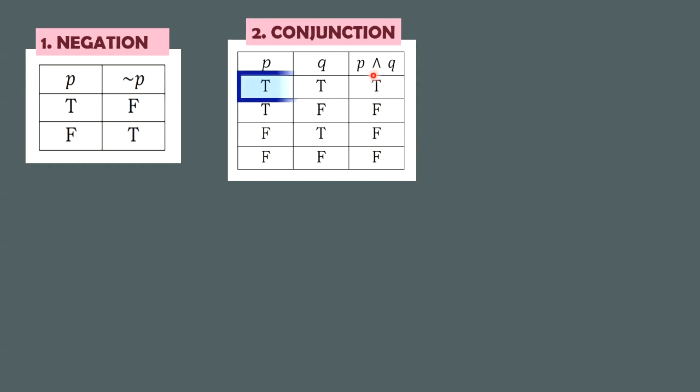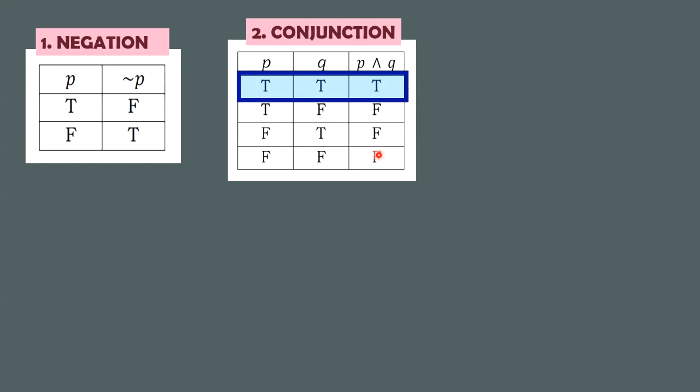Kapag and yung connector ninyo, true lang siya kapag parehong true yung pinag-combine ninyo. Otherwise, kapag may isang false, false na yung combination kapag ang ginagamit yung word ay and.